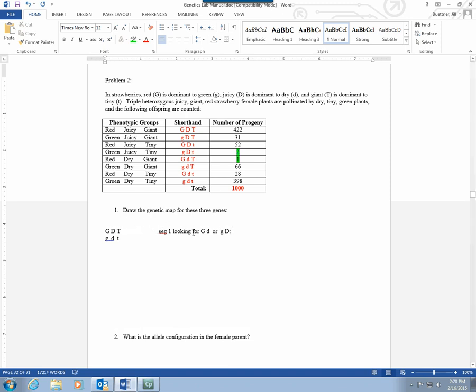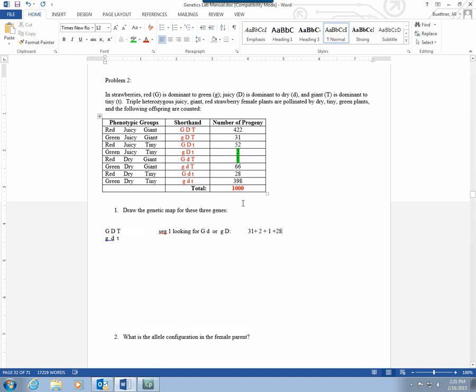So I go through my data and I look for that. Big G with little d, so that's a no, but that's a yes, so a 31. And then this is a no, but this is a yes, so a 2. And then little g, big D, right there. Oh, and a big G, little d. Big G, little d, and a 1. And 28.